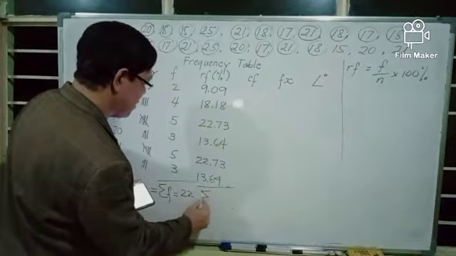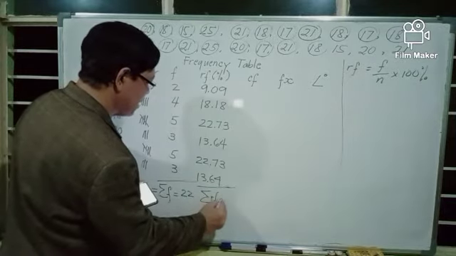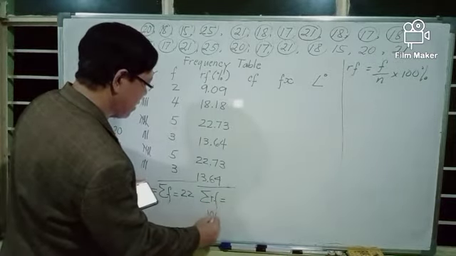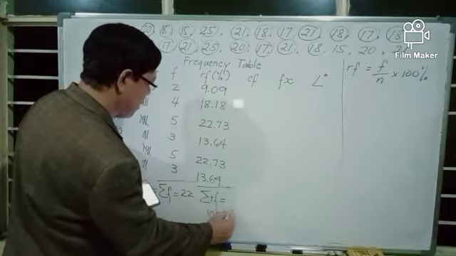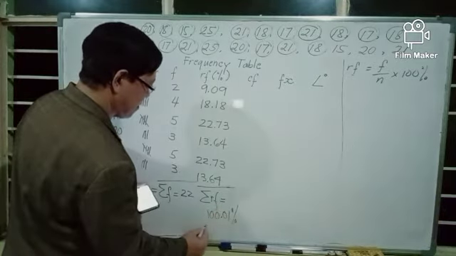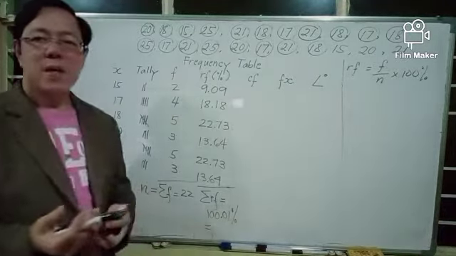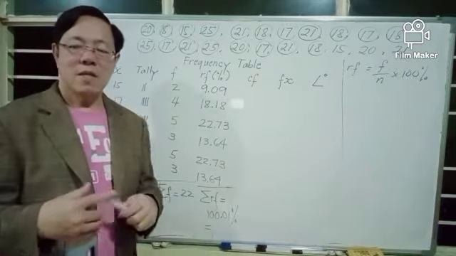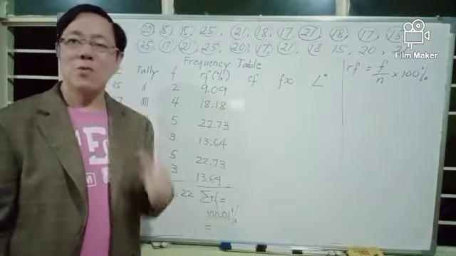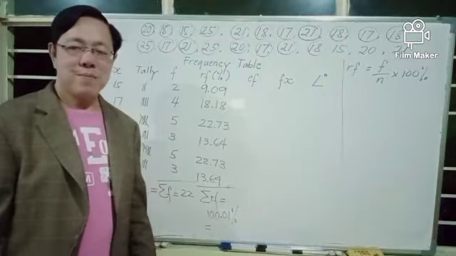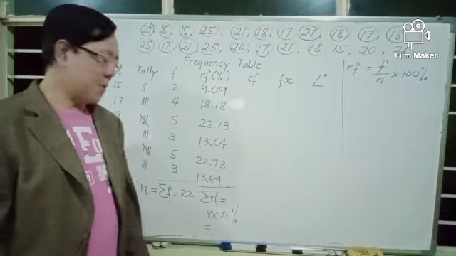Our summation of the relative frequencies is 100.01%. But I said that the sum of the relative frequencies when rounded up to a whole number should be 100%.